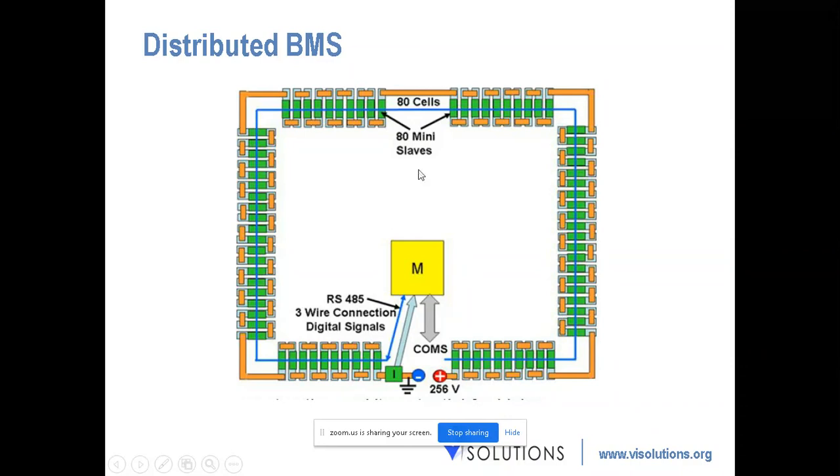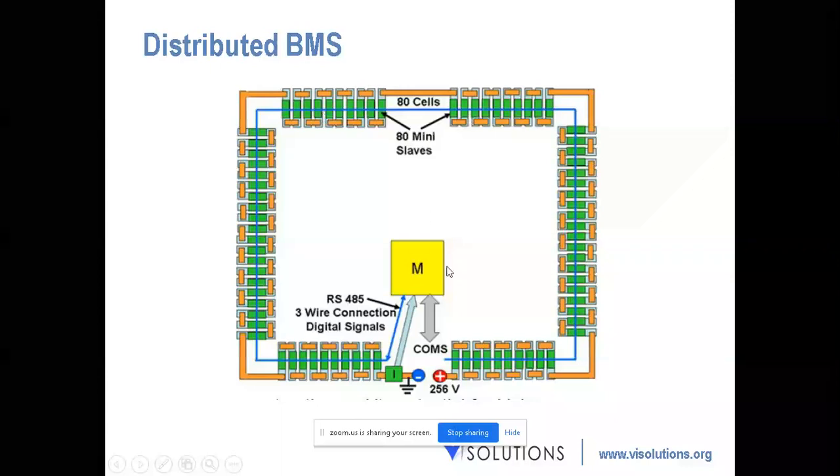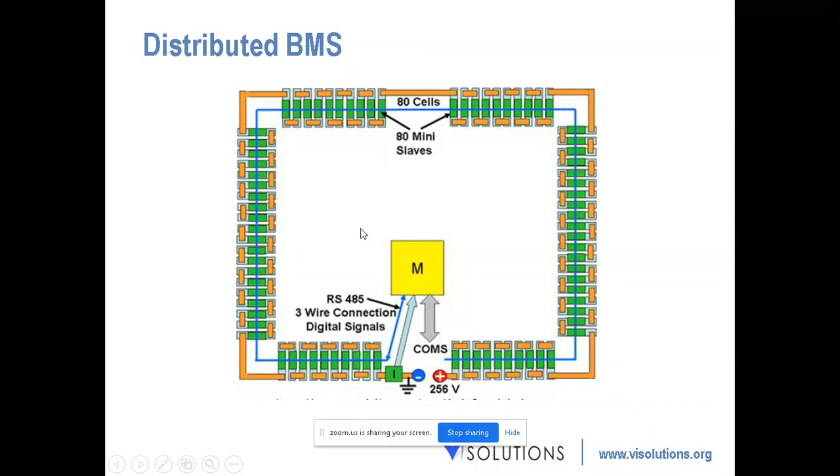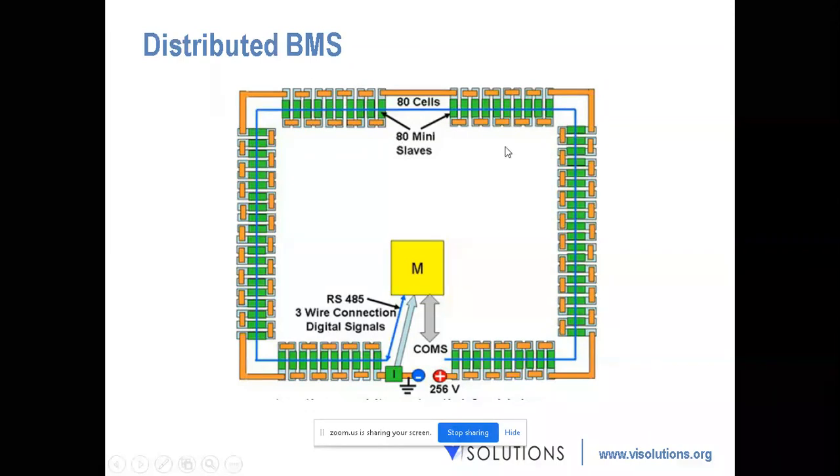So instead of the main unit doing all the work, mini slaves are going to do the work, and the commands are going to be sent to your main unit. The data collection tasks will be given to a separate processor, but the ultimate decision, of course, will be taken by the master only.